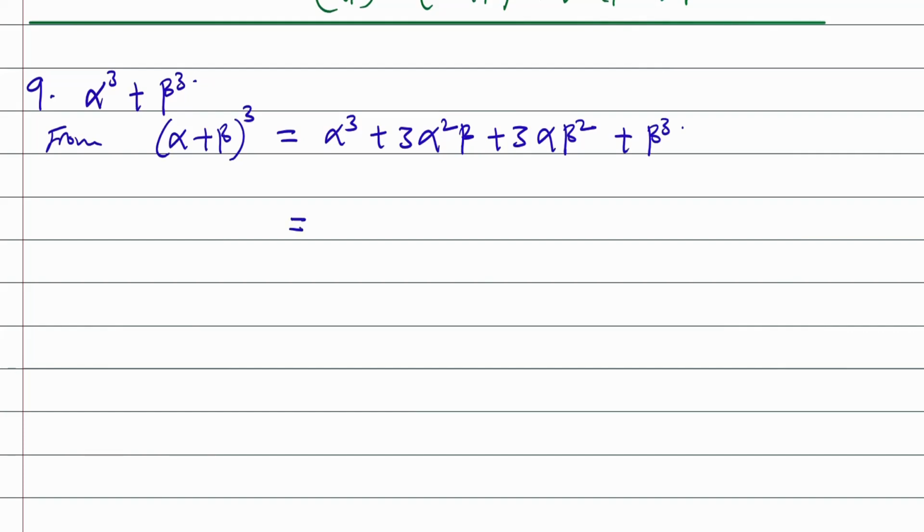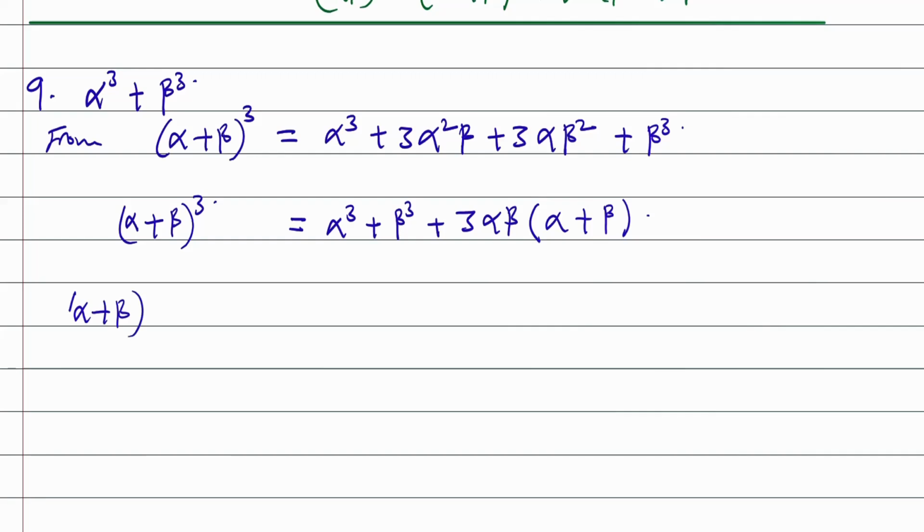So as we simplify this, this is the same as having alpha cubed plus beta cubed plus, there is a common factor which is 3 alpha beta into alpha plus beta. Remember we want this, so we can take this to the other side of the equation. So this way we have this.